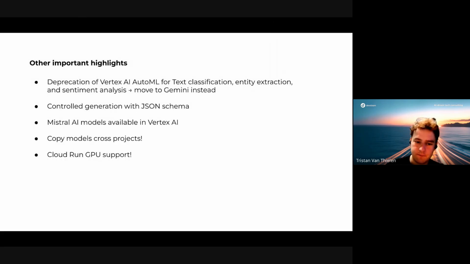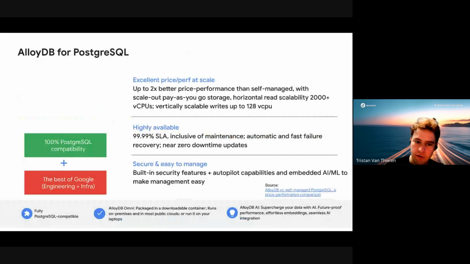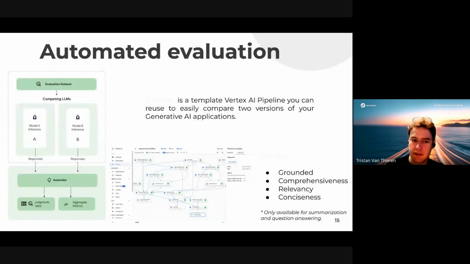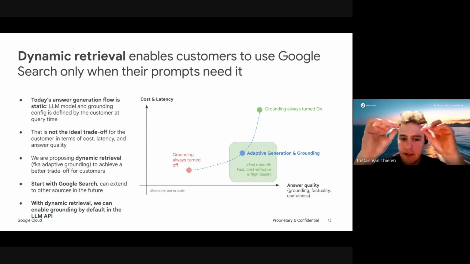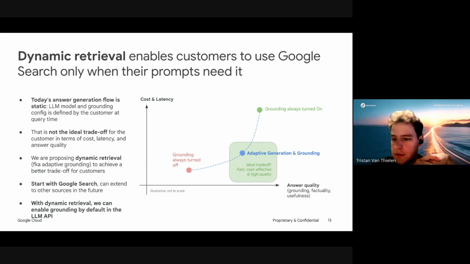So that's a good question. Dynamic retrieval, as I mentioned, isn't really a product that's out yet. But probably what will happen is that there will be an LLM that will decide whether it's necessary to do the RAG part of retrieval augmented generation.